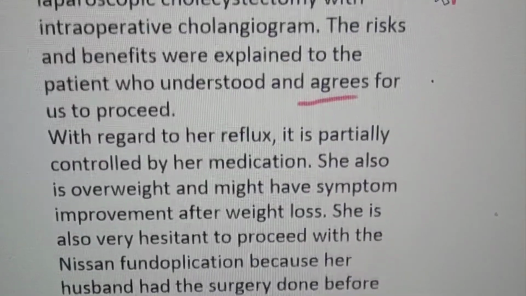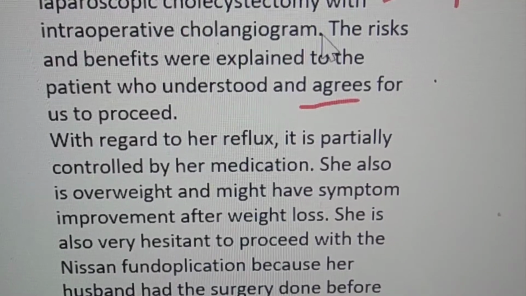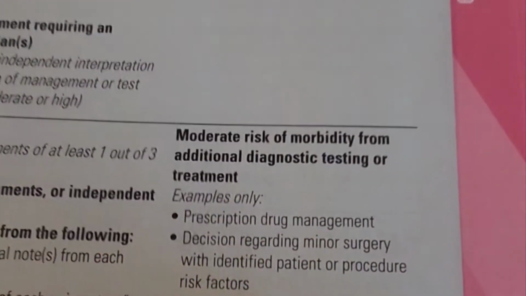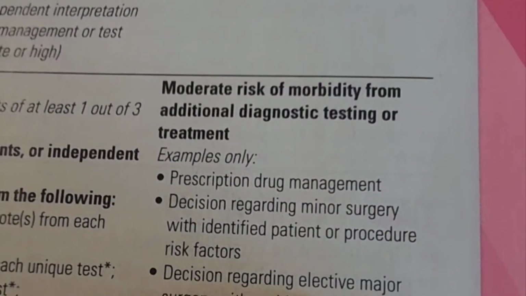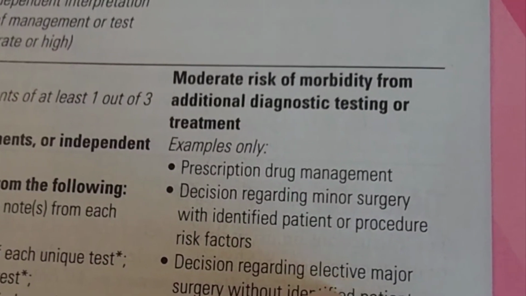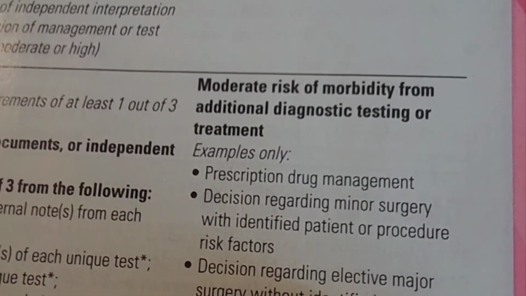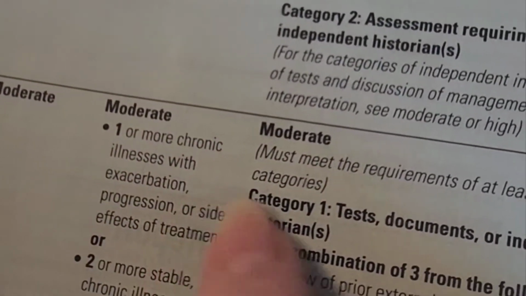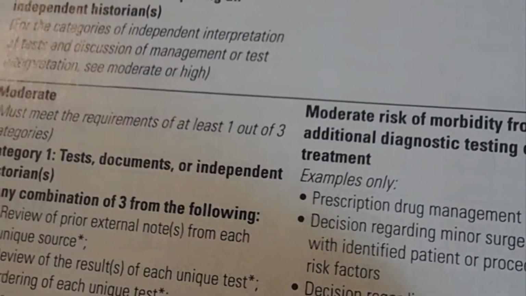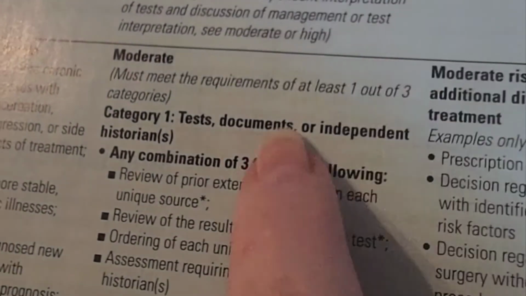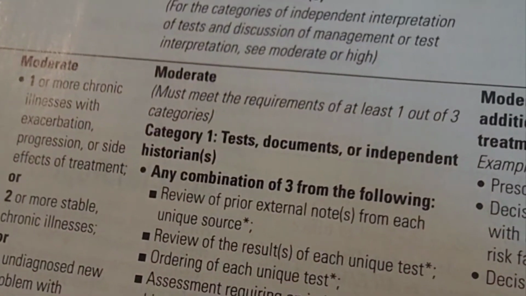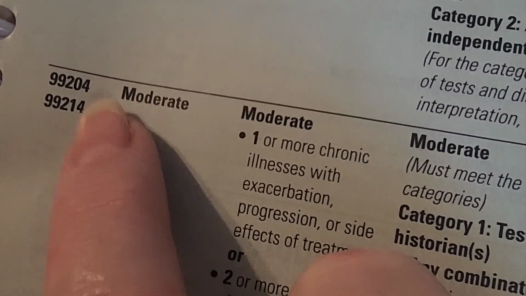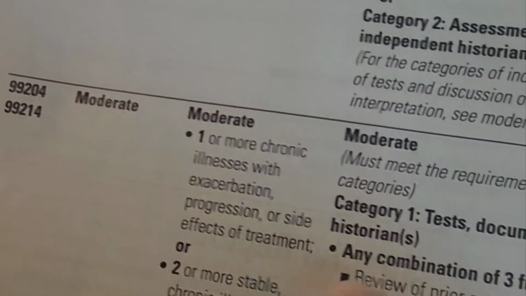It's not an emergent situation right now, but we could go on and do it and give her some relief finally. So if we look at our lovely little chart here, we have an elective surgery listed here, plus we have 1 or more chronic conditions that are exacerbated. Since this is an elective procedure, there were no further tests that needed to be reviewed or evaluated. I would give this one a level 4 or an 04 or 14 for that visit.